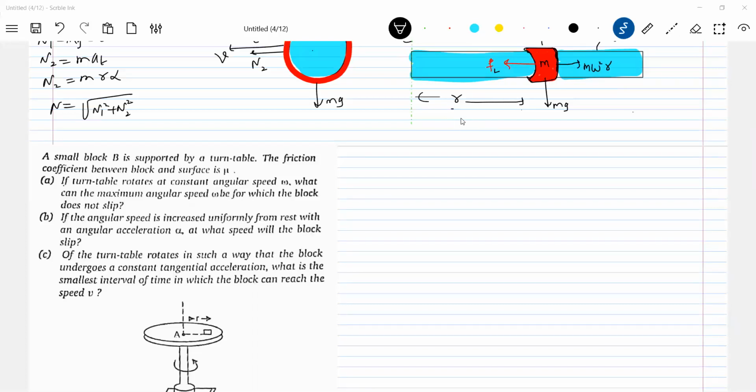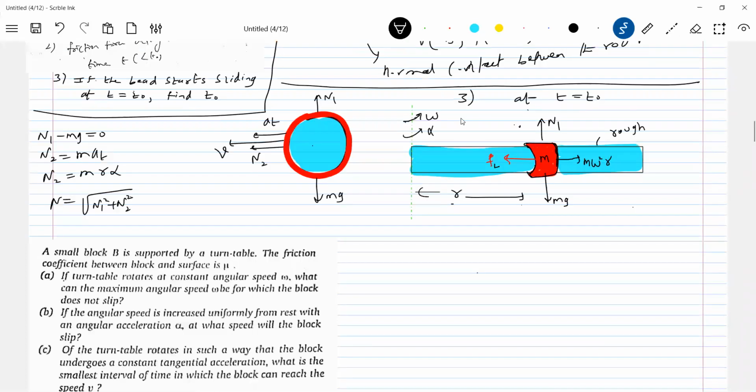Shall I just write down the equations? So N should be equal to, what is N1 square? You write mg whole square. What is N2? m r alpha whole square. Again, the normal contact is the resultant. It should be this much. And now what is FL?